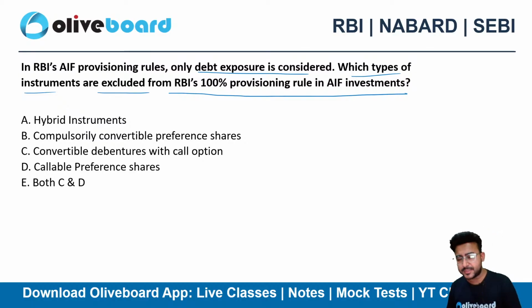Is it hybrid instruments, compulsorily convertible preference shares, or convertible debentures with call option, or callable preference shares, or both C and D?